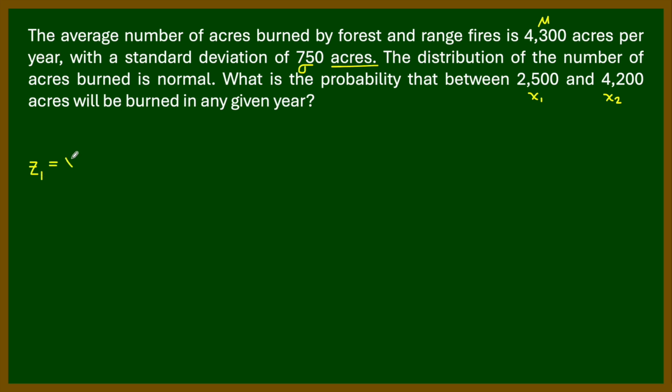This is x sub 1 minus mu over sigma. And we all know that x sub 1 is 2,500, minus the mu, which is 4,300, divided by the standard deviation, which is 750.